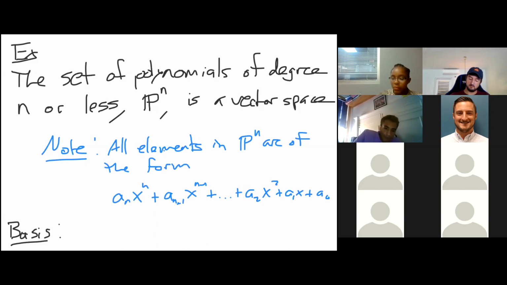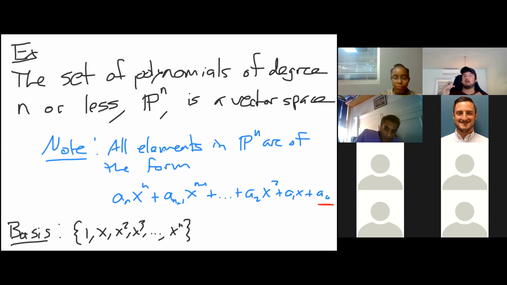I'm going to need a 1 to recreate any constants, I'm going to need an x to recreate any x terms, I'm going to need an x squared, x cubed, and so on all the way up to the x to the nth power.